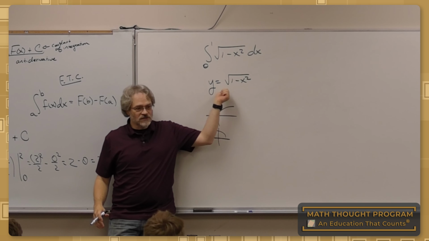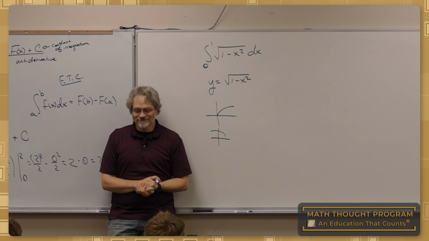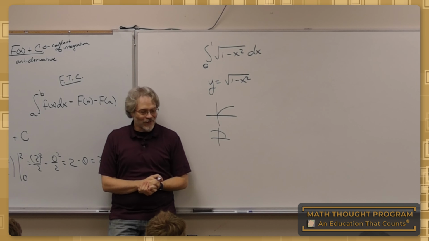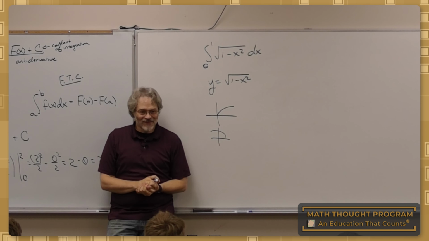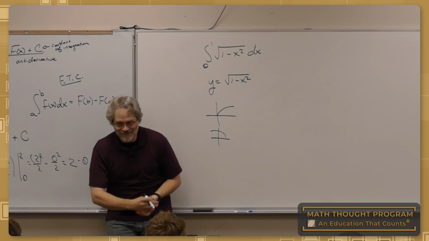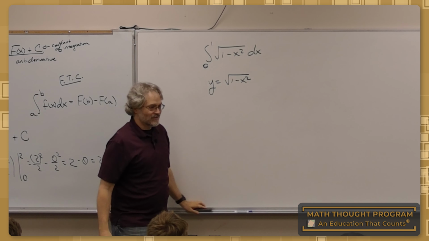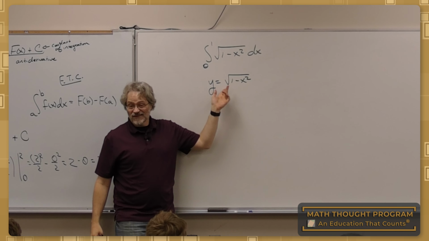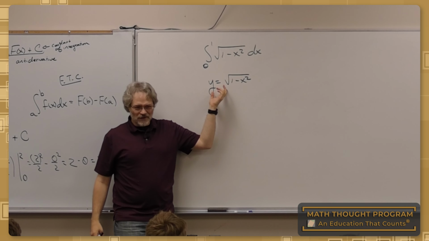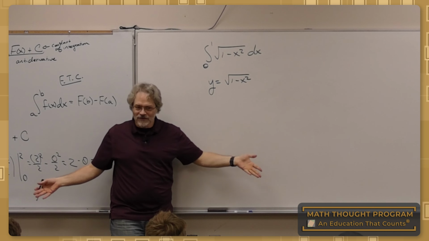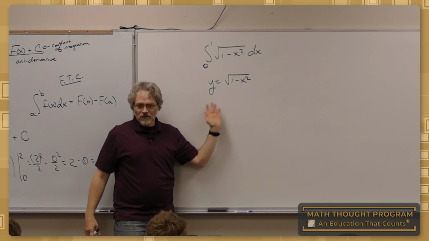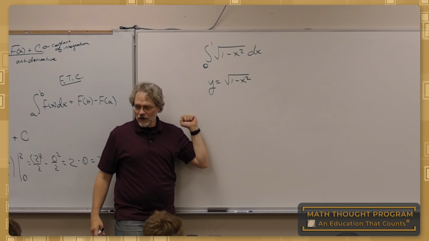When you look at the problem, what's the first thing that comes to your mind and says, nope, I'm going back to bed. This looks bad. To me, it's that radical. I don't really like radicals. Math or in life, I guess, but what can I do to a radical?